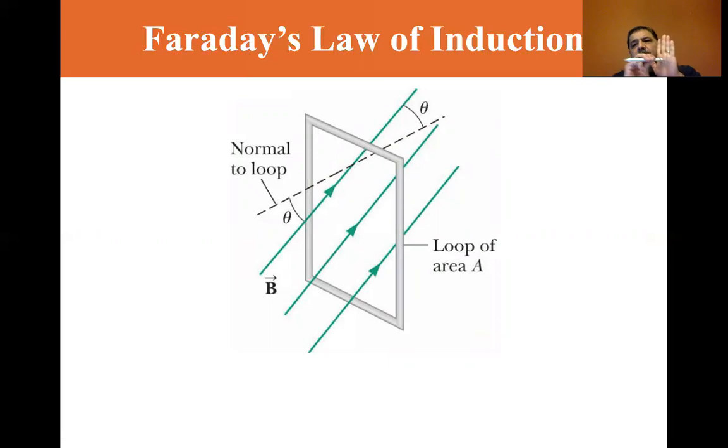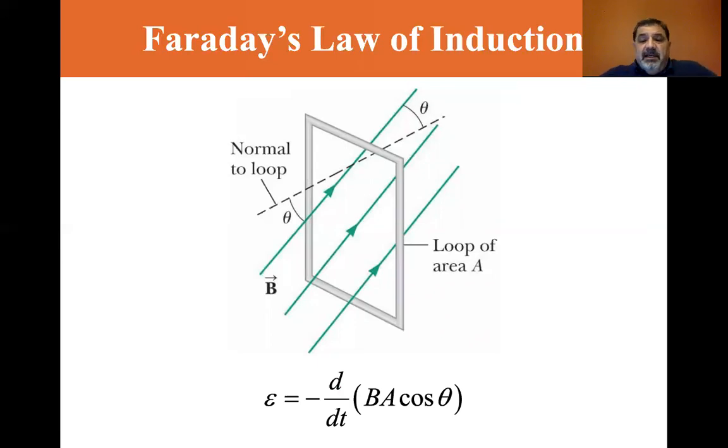The normal to that loop is the vector perpendicular to the plane of the loop. And theta is the angle that the magnetic field makes to the normal to the loop. And we see that the EMF is equal to minus d phi dt.